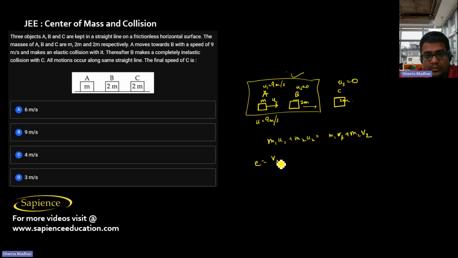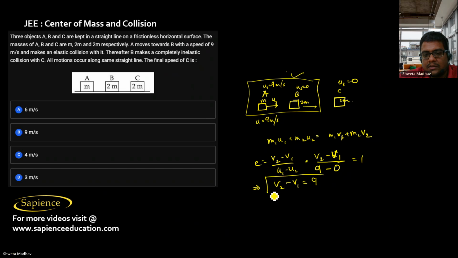So E will be equal to V2 minus V1 by U1 minus U2. So this will be V2 minus V1 by 9 minus 0. So E is equal to 1. So V2 minus V1 is equal to 9. This is one of the equations.